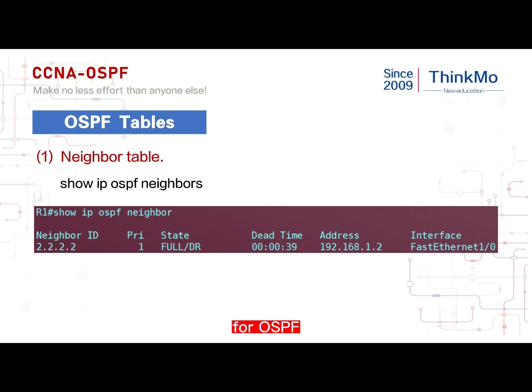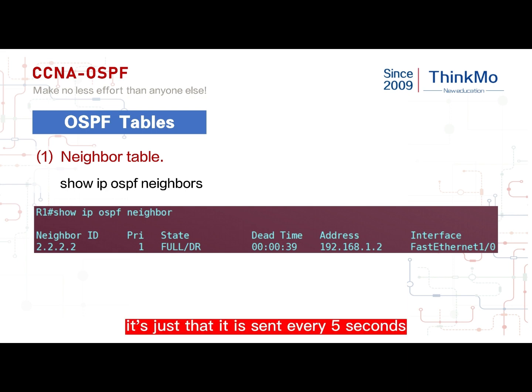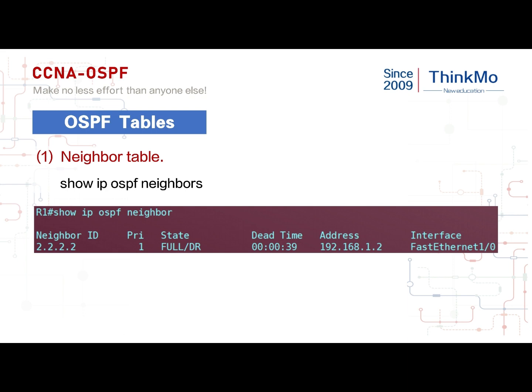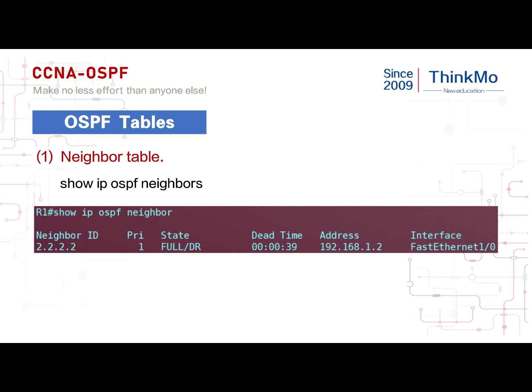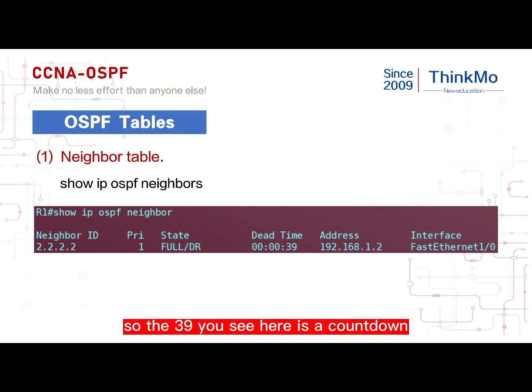For OSPF, there is also a hello packet. EIGRP also has hello packets. It's just that EIGRP sends one every 5 seconds and declares death after 15 seconds. OSPF sends once every 10 seconds and declares death after 40 seconds. So the 39 you see here is a countdown.